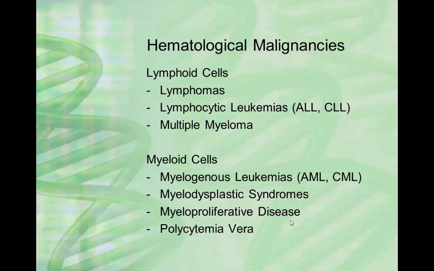That replaces normal bone marrow tissue, and the hematological cells induce anemia, thrombocytopenia, and granulocytopenia. In general, the symptoms may be present for only days to weeks before diagnosis, and they basically disrupt the hematopoiesis, leading to anemia, infection, easy bruising, bleeding.